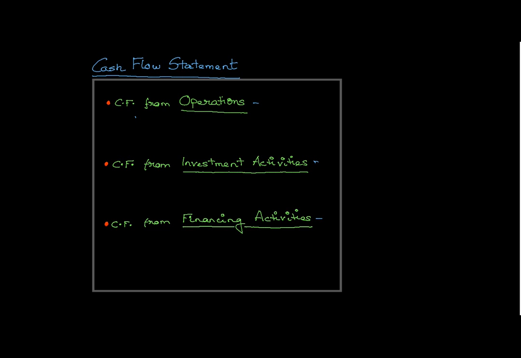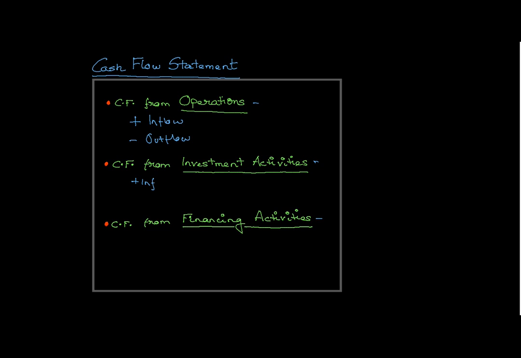Okay, so once it is divided into the 3 segments, cash flow from operations, cash flow from investment activities, and cash flow from financing activities, you get a plus value for the inflow that is coming in and a negative value for the outflow. Okay, the same thing is done in the cash flow from investment activities.